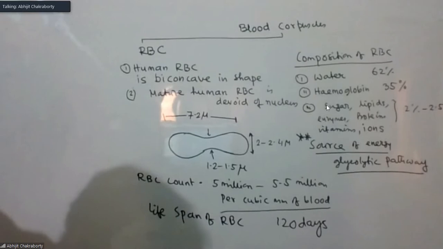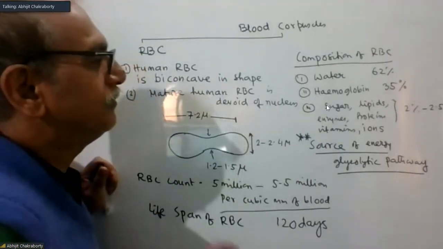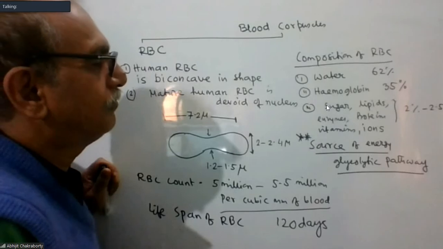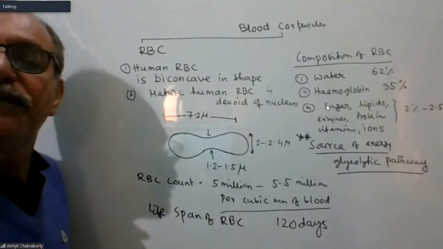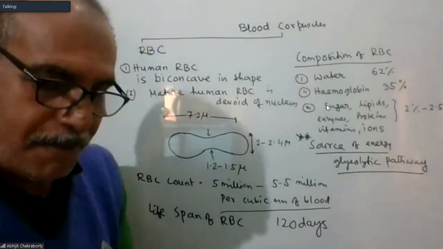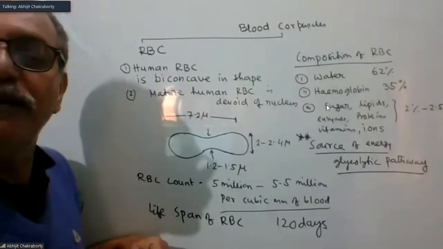Advantage of biconcave shape already discussed. And then we have to start with the basic, erythropoiesis. Can I rub it out? Yes, sir. Or today is the exam, na? You have taken the exam.